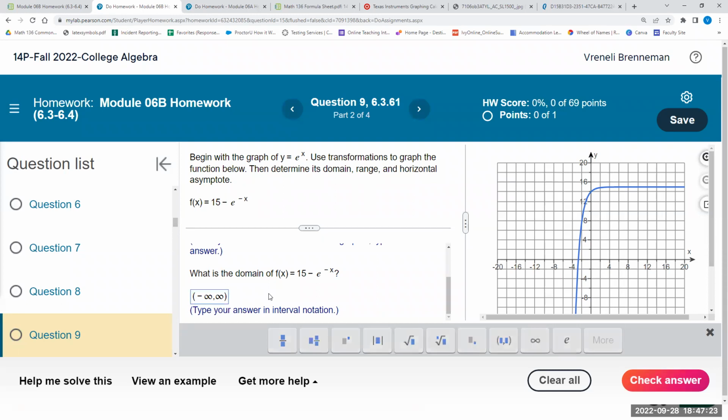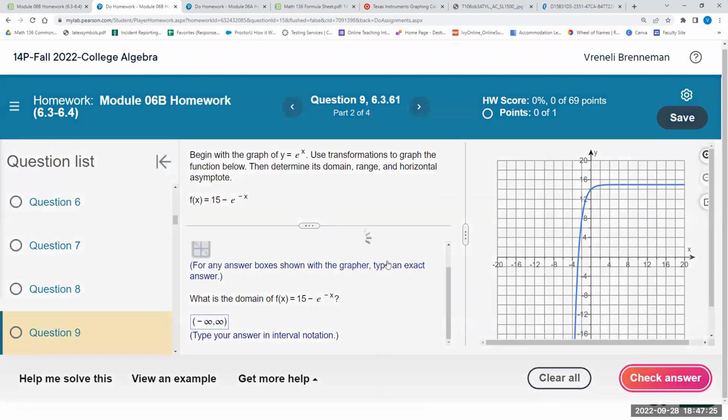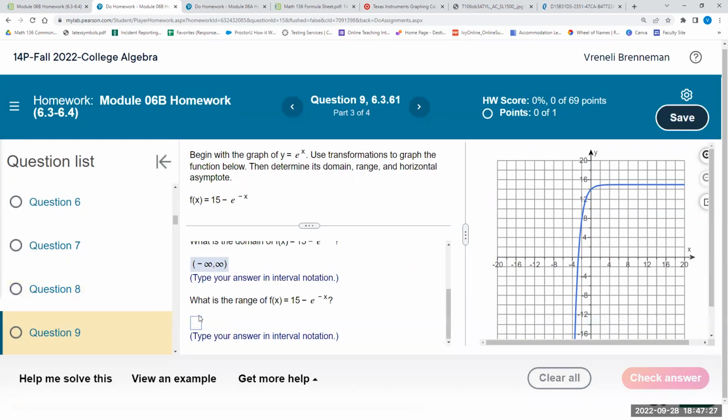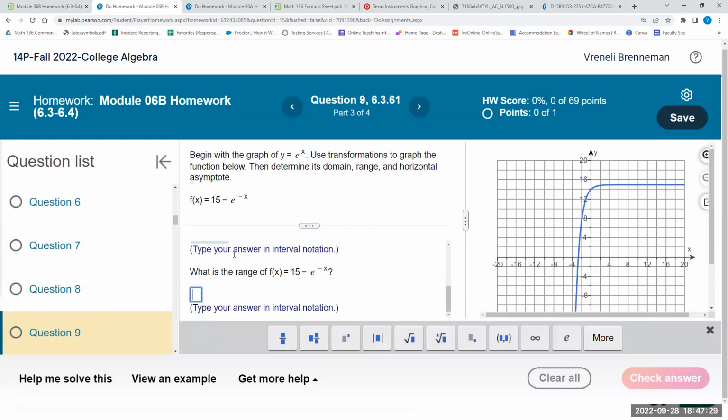It would be at 0, but it's been shifted up to 15, and it's everything below that. So the graph is helpful in figuring out what happened to the base range. That would be 0 to infinity, but it's flipped, so it's going from negative infinity, and then it's shifted up to 15 instead of 0.